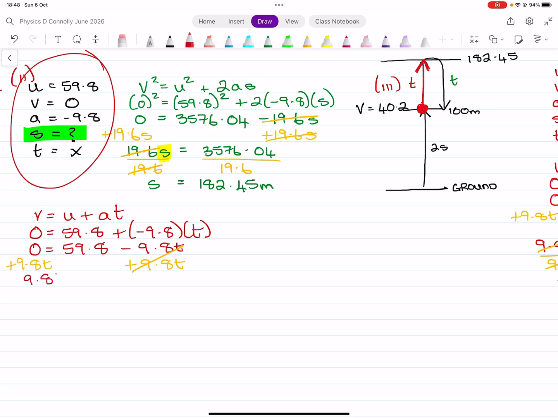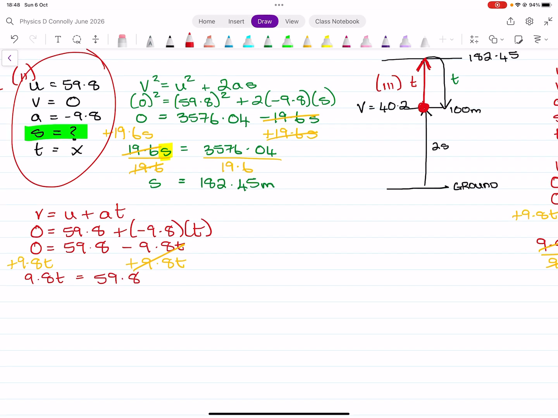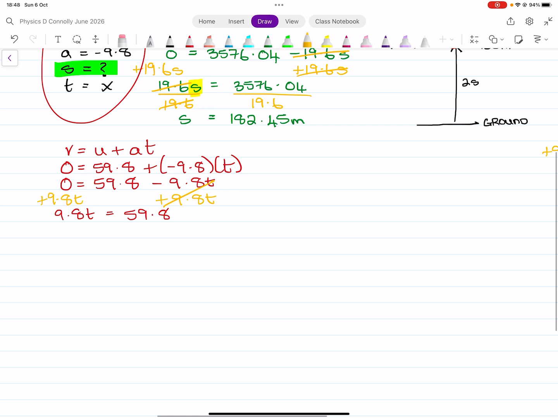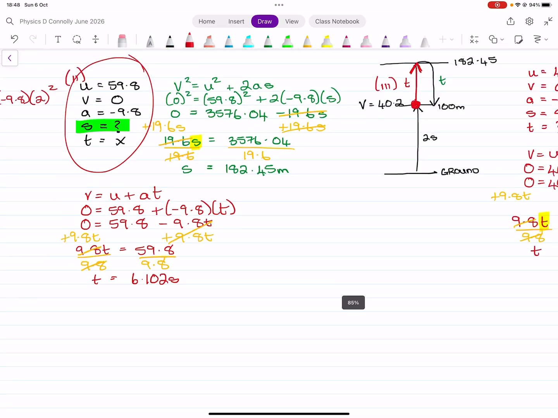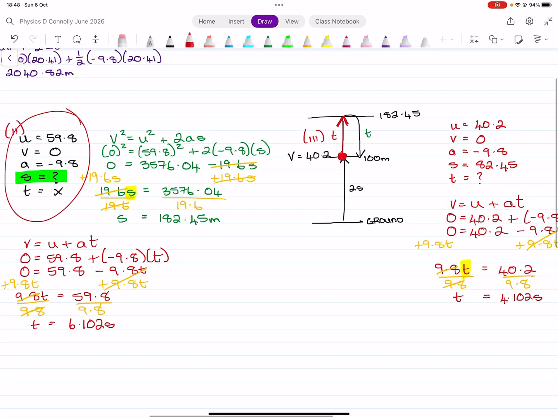So 9.8t equals 59.8 and then divide by 9.8. So t is 6.102. So that's another way. Sorry, I've just figured it out twice, essentially.